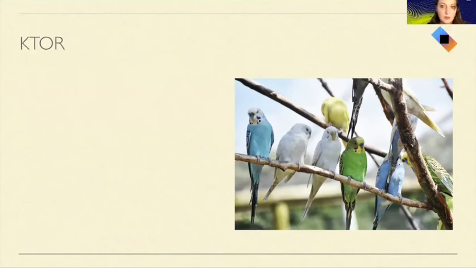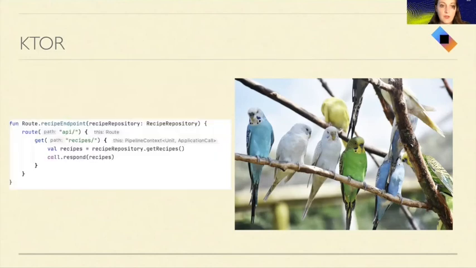A recipe endpoint would look like this. I can declare a route with a base path API, having a get method recipes where I retrieve all the recipes, for instance.